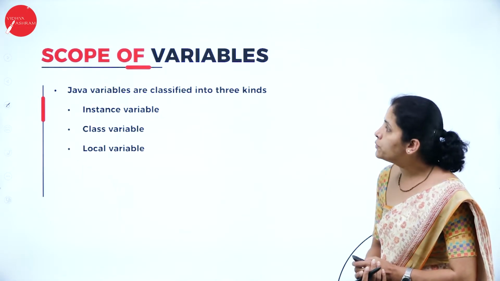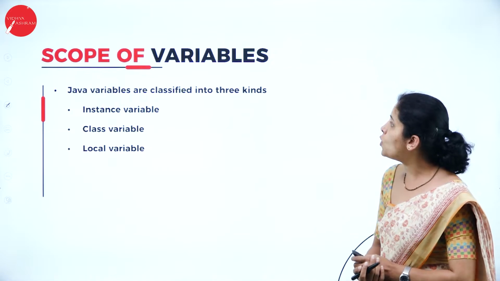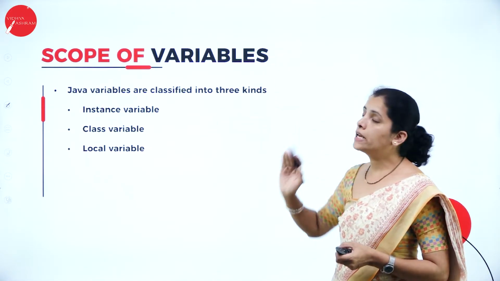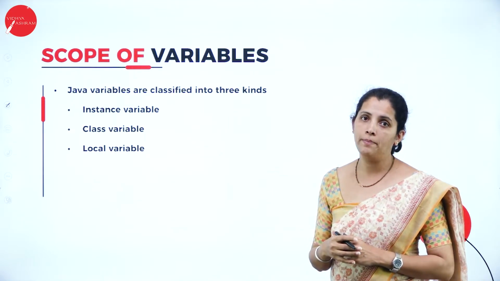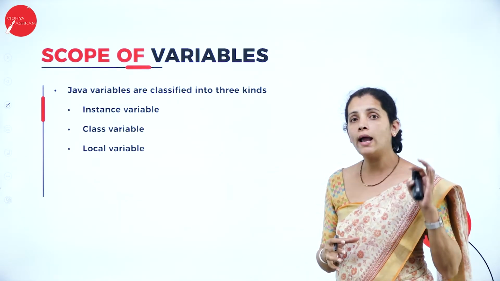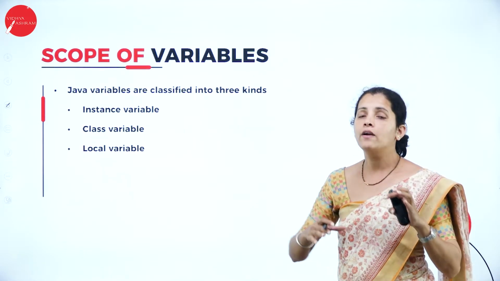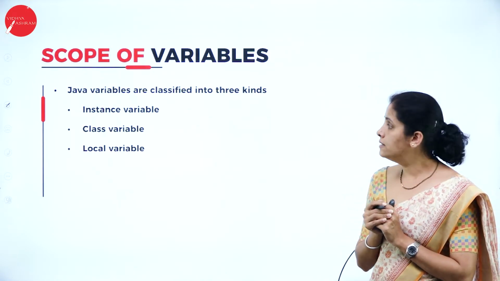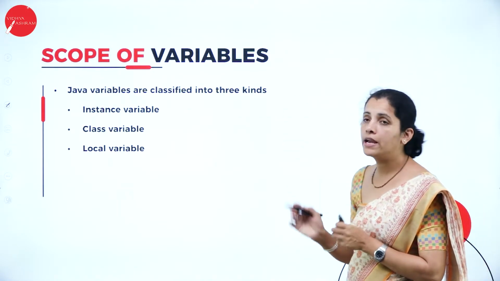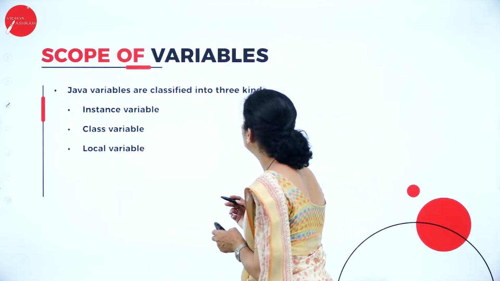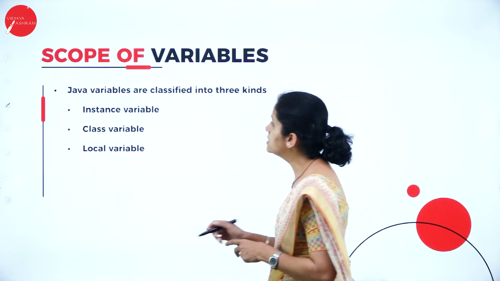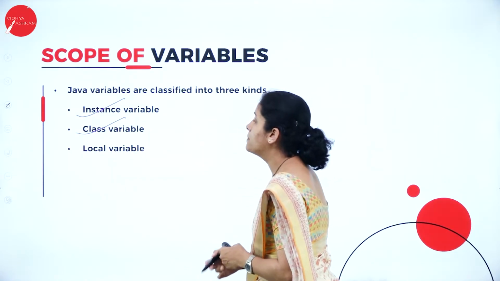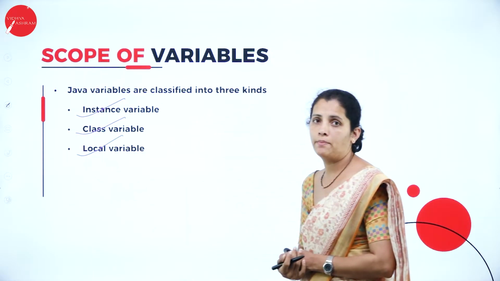Now, I'm going to have the concept called scope of the variable. Dear student, why do I require scope of the variable? While writing the program, I have to follow the scope of the variable, and Java variables are classified into three kinds: instance variable, class variable and local variable.